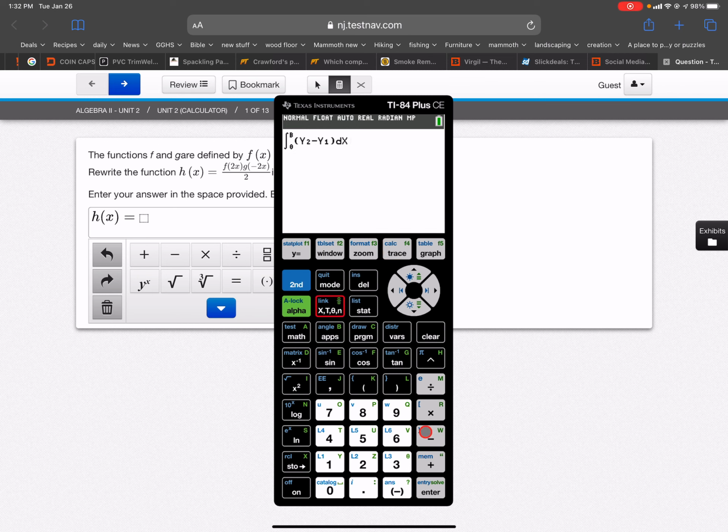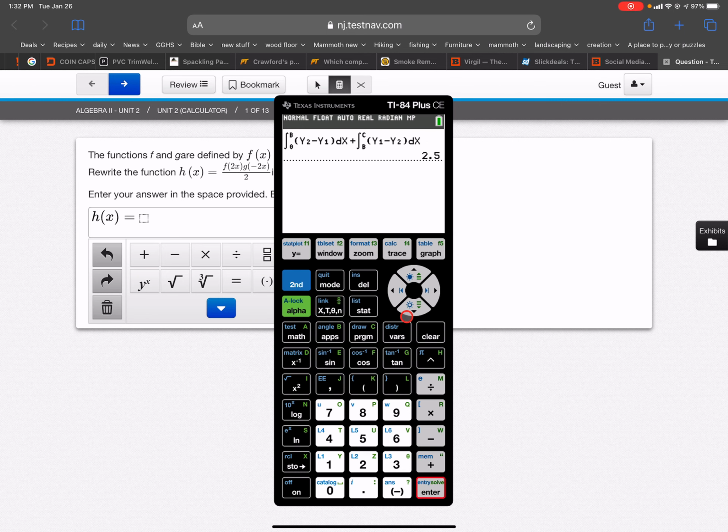And then I want to add to that the second integral. So I need a math 9 again. And it's going to go from b to c, because I already saved those earlier. And this is going to be y1 minus y2 with respect to x.